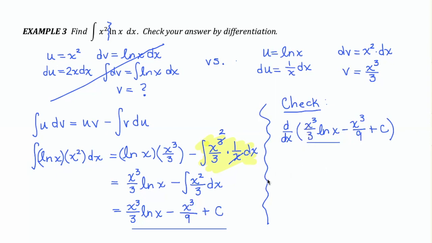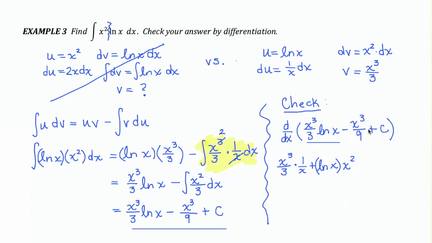So the product rule for derivatives says you keep the first function the same times the derivative of the second function plus the second function stays the same while you take the derivative of the first function. Now we would bring the 3 in front, which is going to cancel off the denominator and leave me just with x squared.